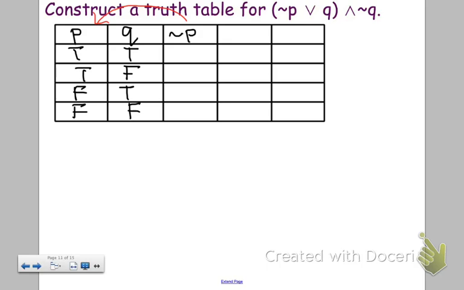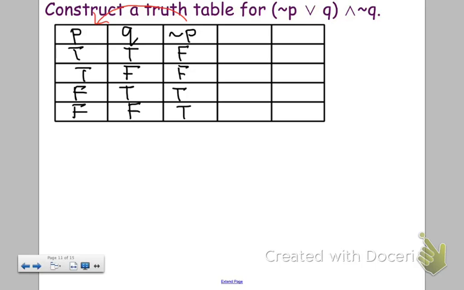The first row of P was true, so the first row of not P is going to be false. The second row of P was true, so the second row of not P is also going to be false. The third row of P was false, so my third row of not P is going to be true. The fourth row of P was false, so the fourth row of my not P is going to be true.